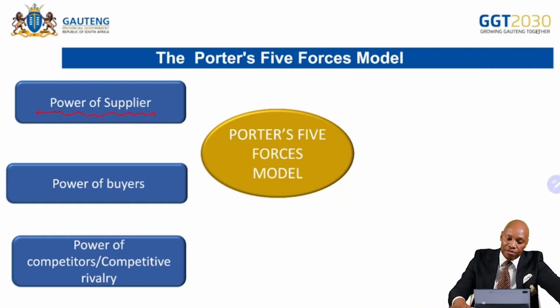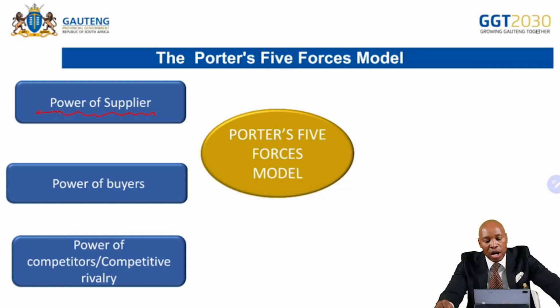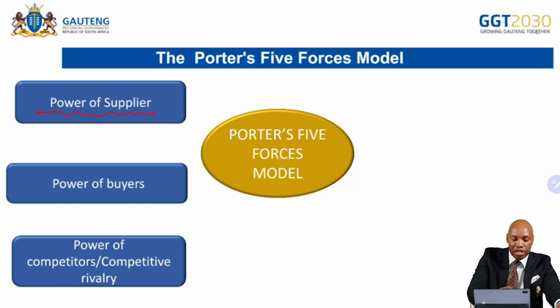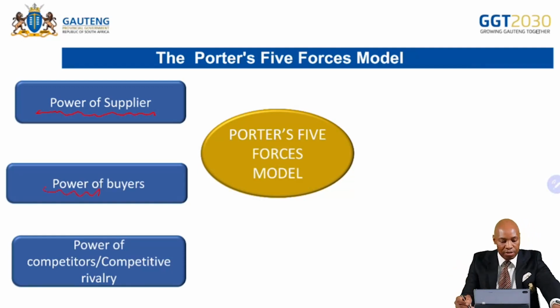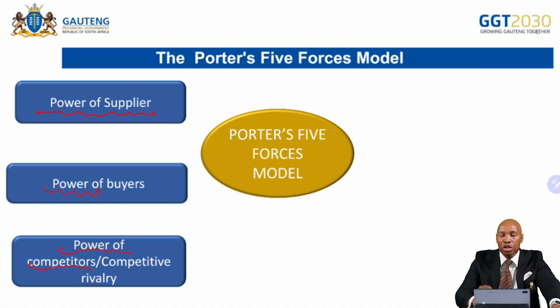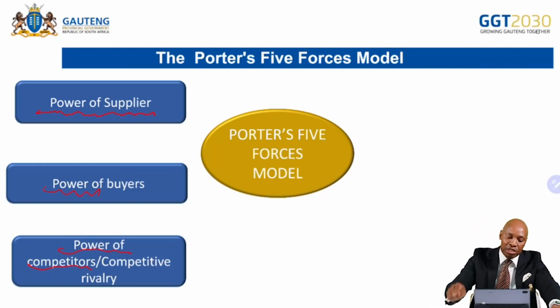In grade 12, we are not asking about the components. We are asking you about the Porter's 5 forces model. So the words power of are important. Then you write power of buyers, power of competitors. Please do not write competitors. Should you write competitors, then you're going to be marked wrong.